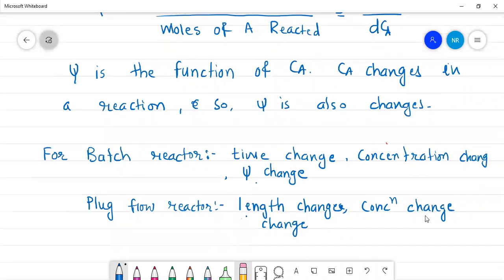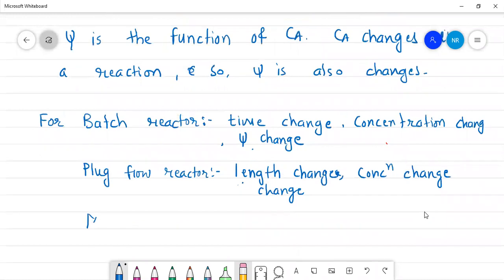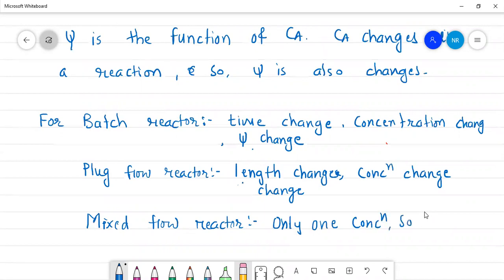And for a mixed flow reactor, there is only one concentration, so only one psi, only one instantaneous fraction yield. In a mixed flow reactor, there is no change in concentration inside the reactor and outside, so only one concentration and only one instantaneous yield.